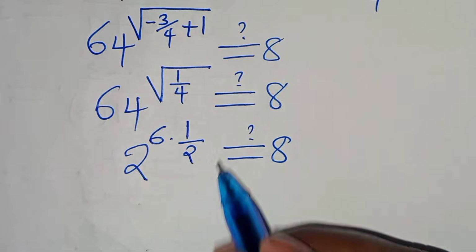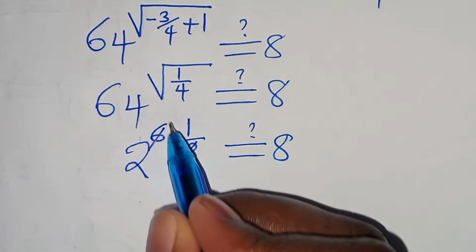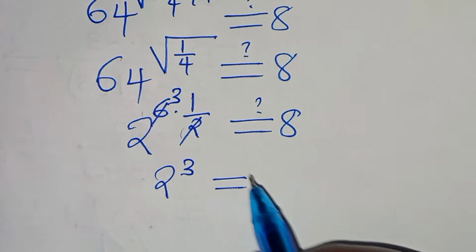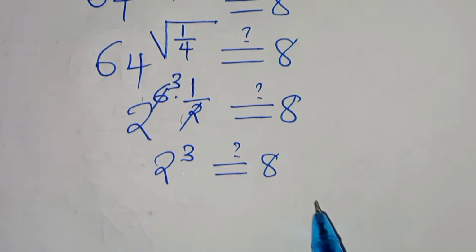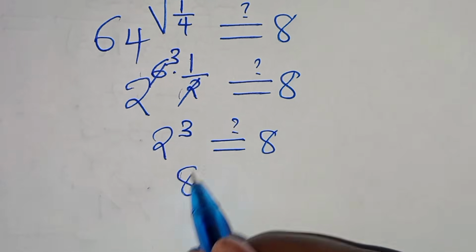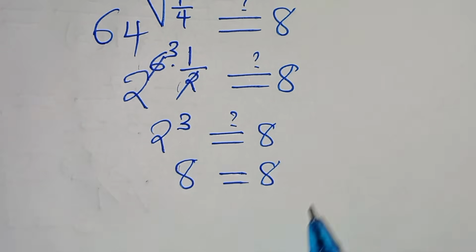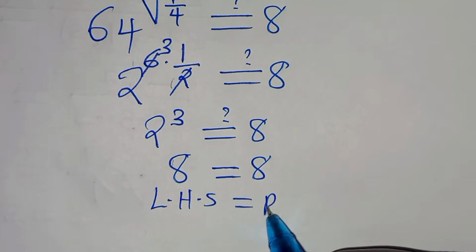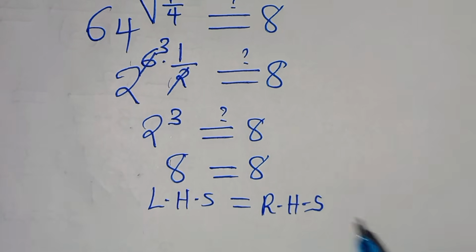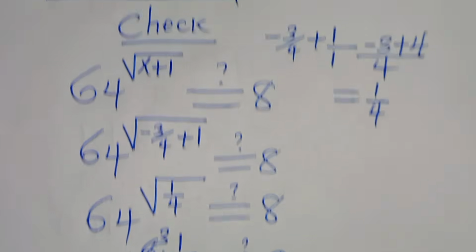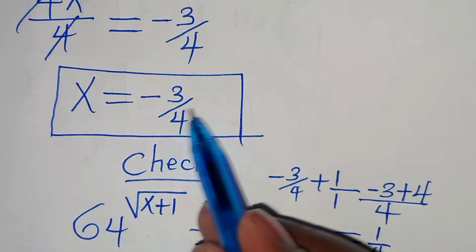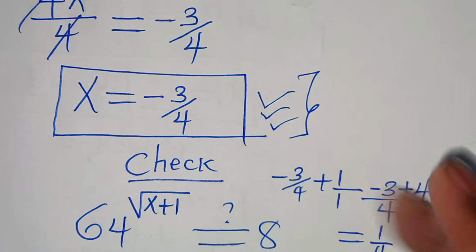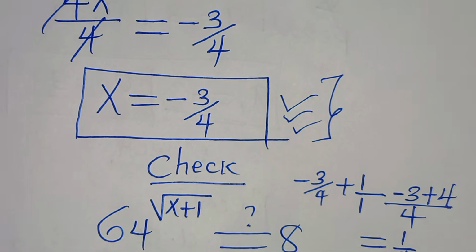Now we can simplify here. 6 divided by 2, this is equal to 3. So we have 2 to the power of 3. This should give us a value of 8. 2 to the power of 3, this is 8, and this is equal to 8. So the left hand side is equal to the right hand side. And this confirms that the value of x, which is equal to minus 3 over 4, satisfies the equation. So this is the solution to this exponential equation.